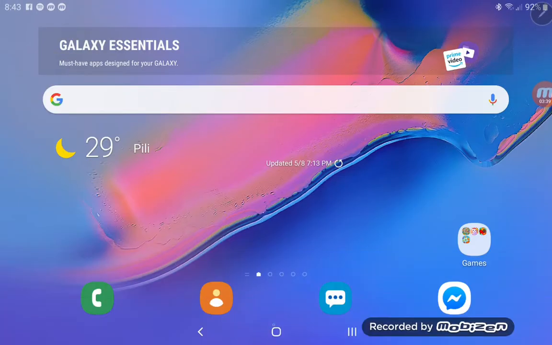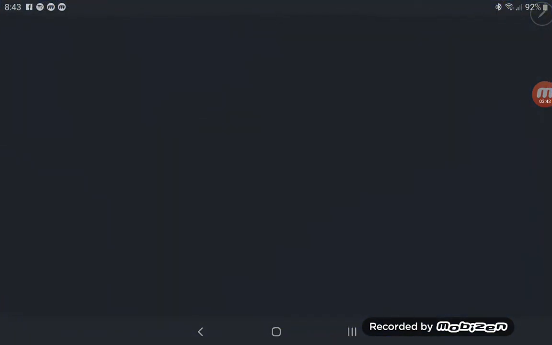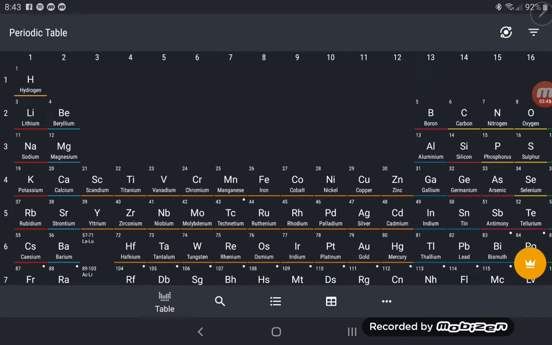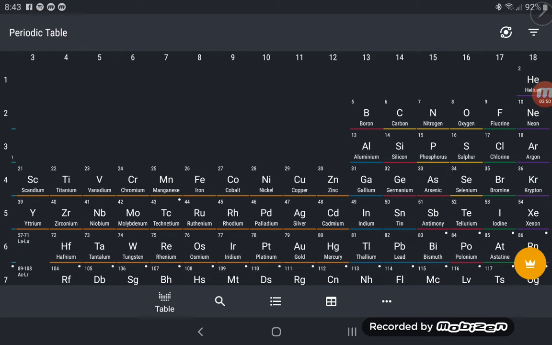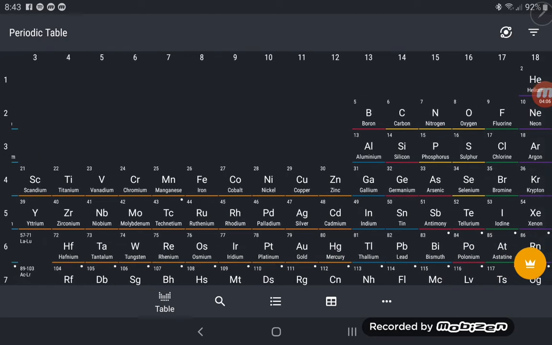So let me show you by having the periodic table first. Okay, so sodium is 11. Prior to that, we have the element neon, which is under the noble gases. The violet ones are the group of noble gases in the periodic table. So 10 is the atomic number for neon, and 11 is for sodium. So it's just fitting to use neon instead of argon, because argon is already 18 while neon is 10.